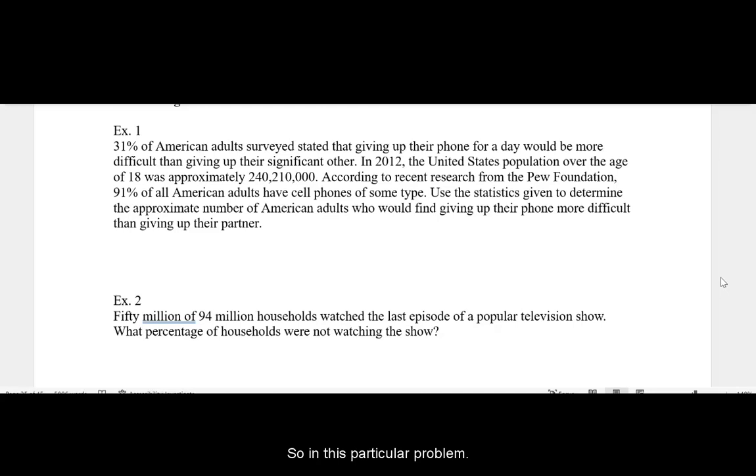So in this particular problem, this is actually going to be a couple of steps, because first of all, we need to figure out approximately how many people of the population given has a cell phone.